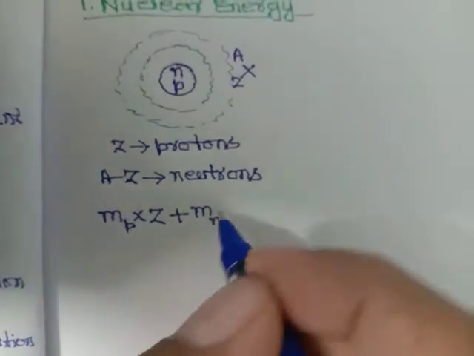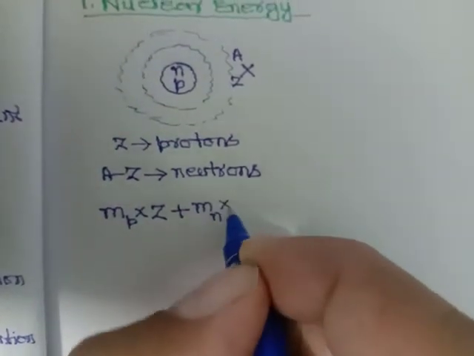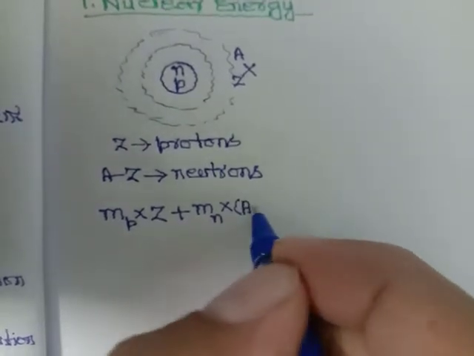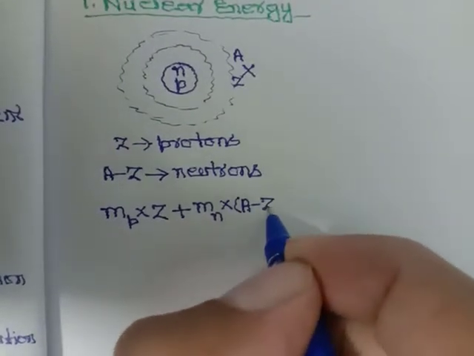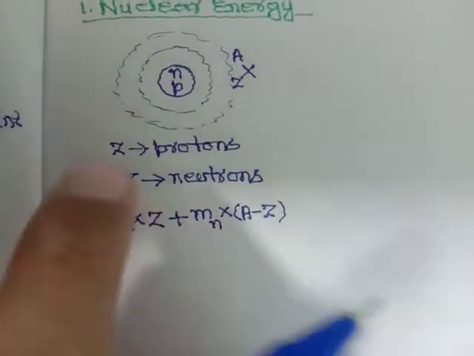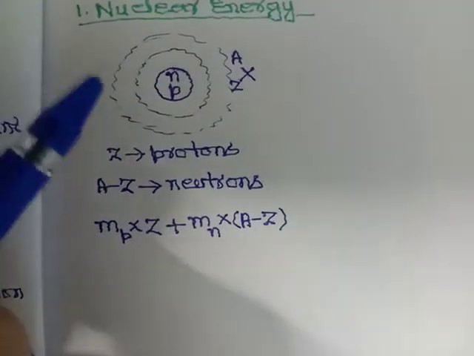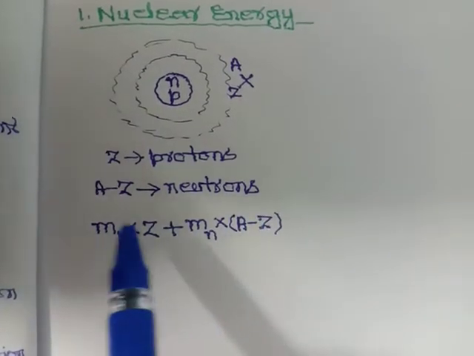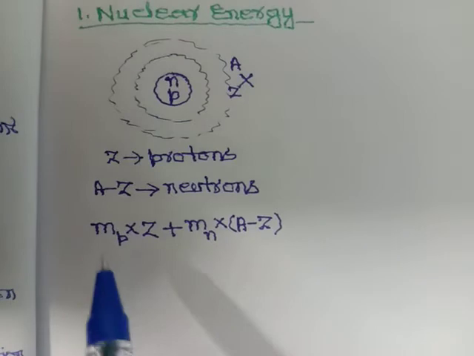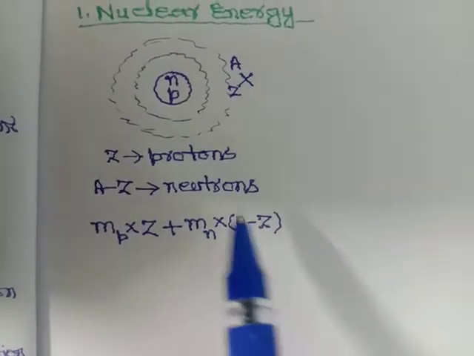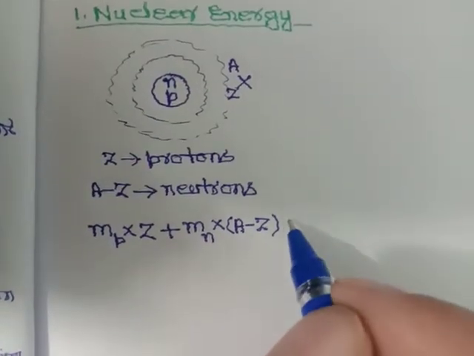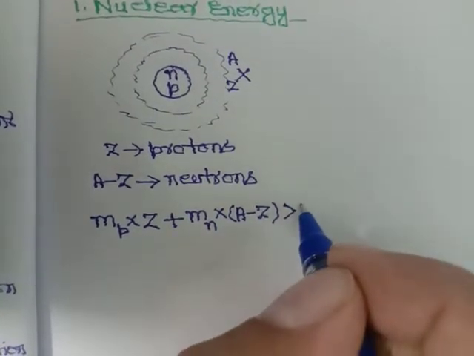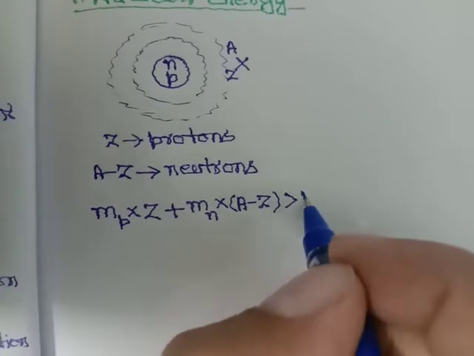Mass of one neutron is mn and the total number of neutrons is A minus Z. Neutron and proton are the constituents of the nucleus. So the sum of the separate masses of all the constituents of the nucleus is always greater than the total mass of the nucleus.